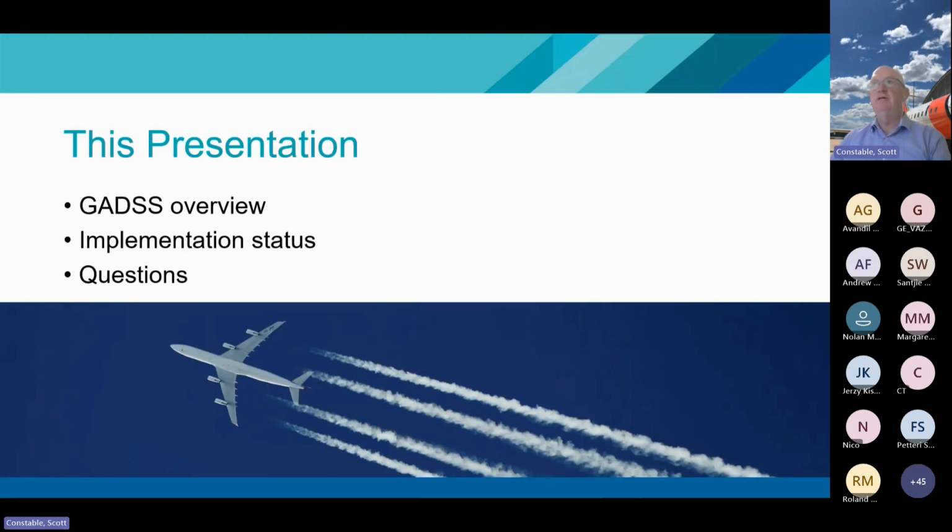So this presentation provides a broad overview of the GADSS and the status of implementation to date based on known information. There's an opportunity for questions at the end as well. And I'll just emphasise that it's based on known information because there are some developments that are still being finely tuned and tweaked as we speak.